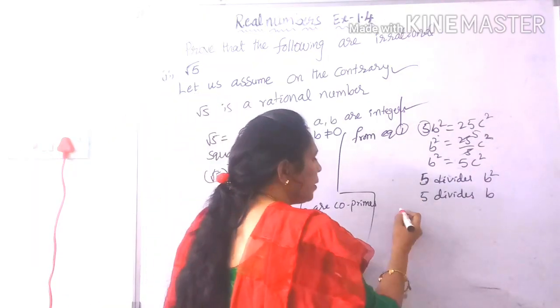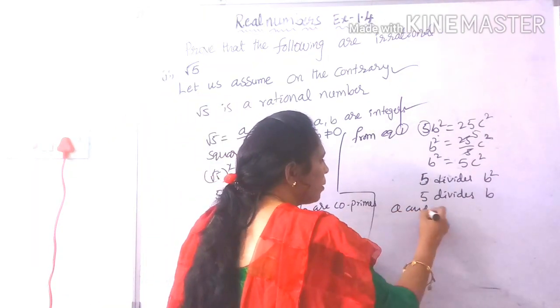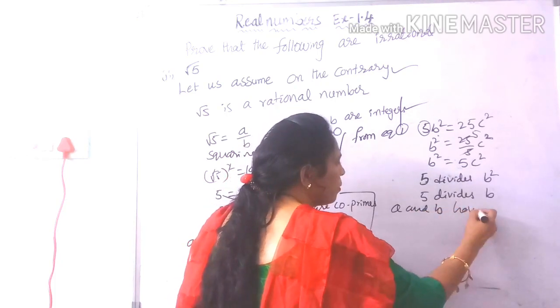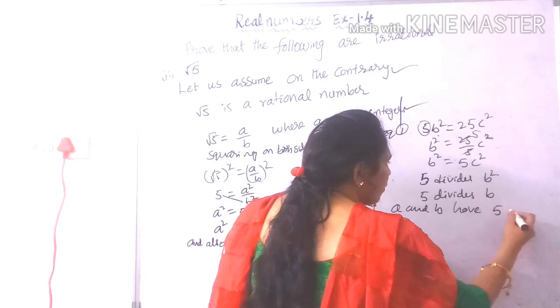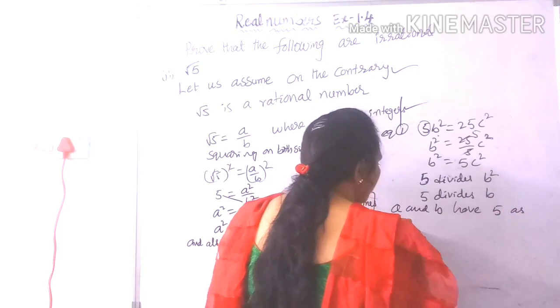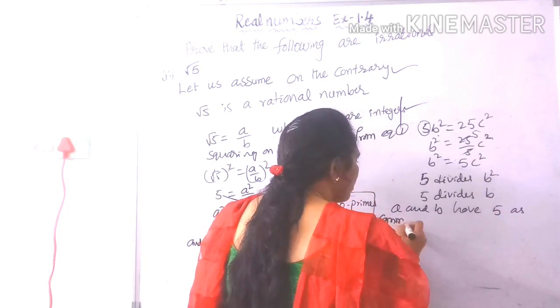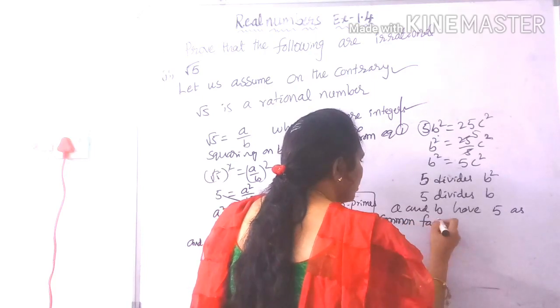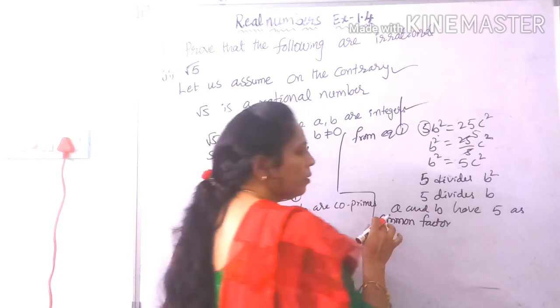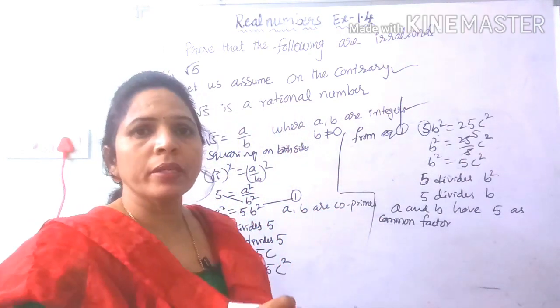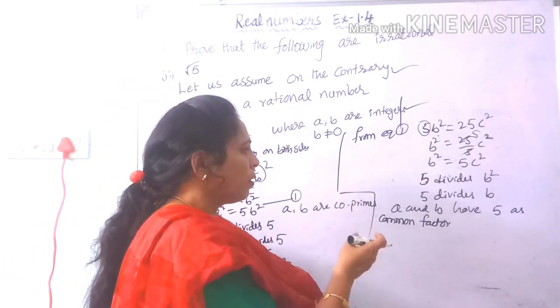Therefore, a and b both have 5 as a common factor. So a and b have 5 as a common factor, which is not possible.